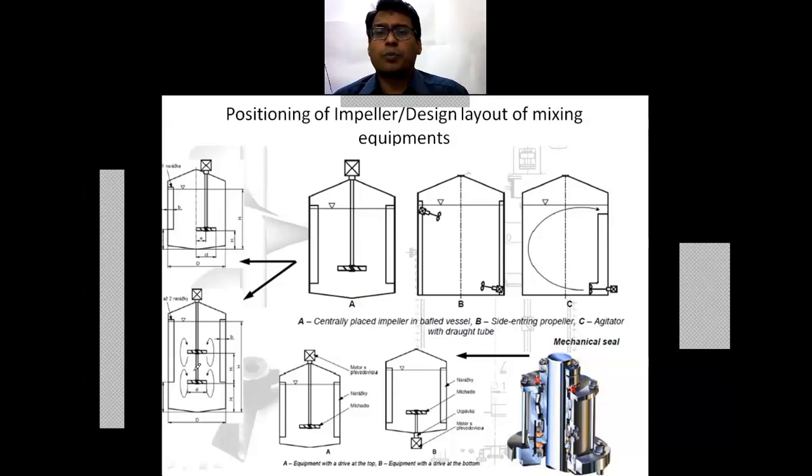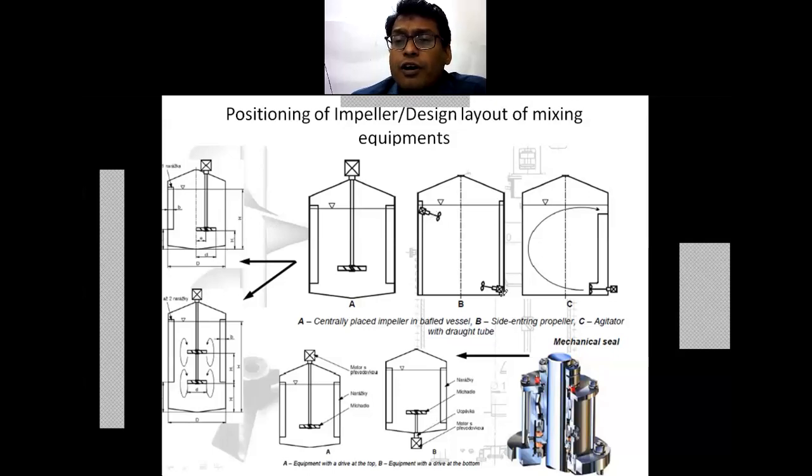Again, that depends on the process, and on the viscosity of the fluid, which is very important in the process of agitation. Viscosity, density, speed of rotation, diameter of the impeller: all these are the very basic parameters in the process of agitation. So we have centrally situated baffles and off-center baffles, side entry and bottom entry.